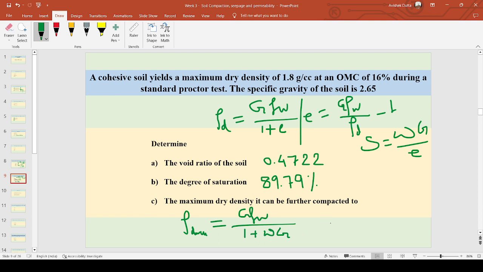W is 16 percent, G is given 2.65. So putting the values, I'll be getting 0.16 into 2.65 plus 1, and 2.65 divided by the answer. I'm getting 1.861 gram per cc.